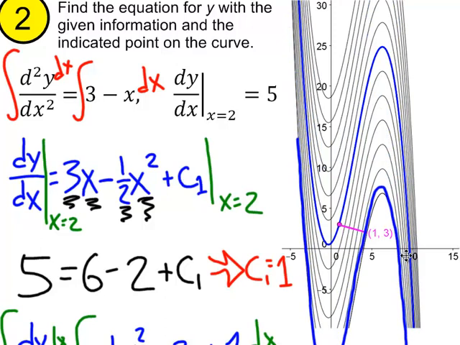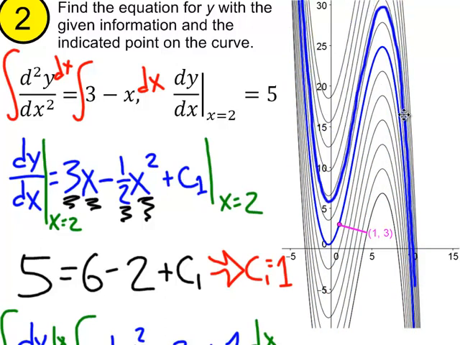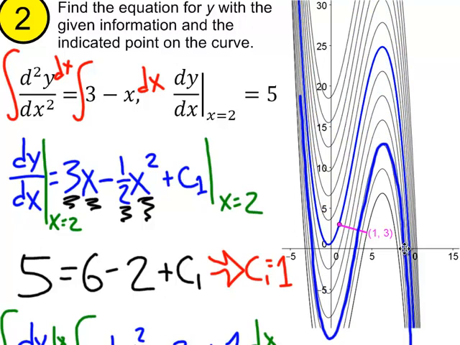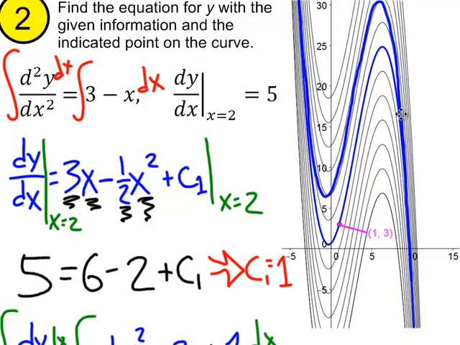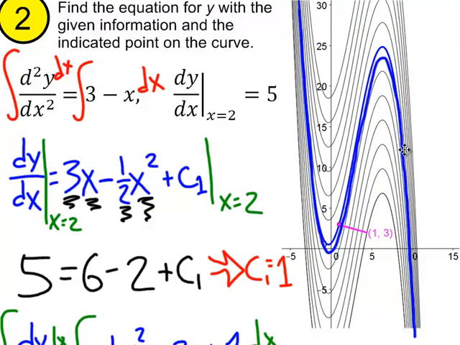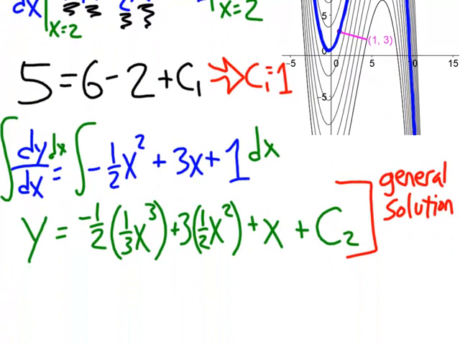It's a vertical translation, and remember that from pre-calculus, that adding a constant at the end of a function, whether it be positive or negative, will cause the graph to go either up or down. So that's our general solution, but we want the particular solution that goes through that given point right here. So we want the particular solution that goes through 1, 3. So once again, we're going to plug those coordinates in to find out what the c value is to give us the particular solution.